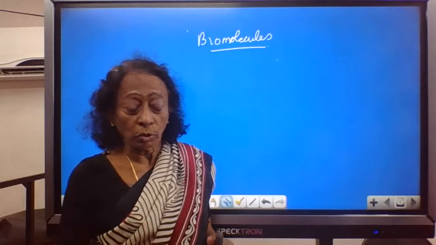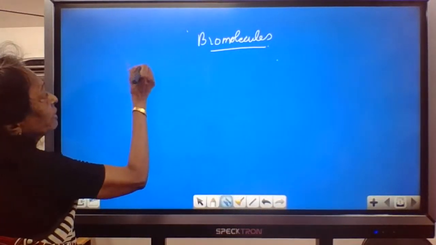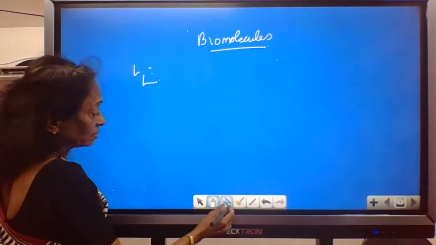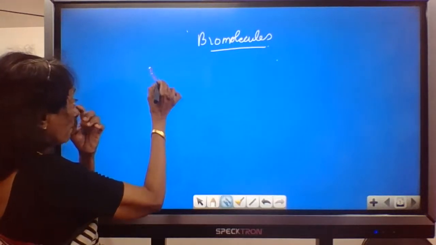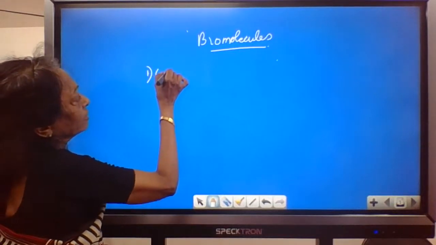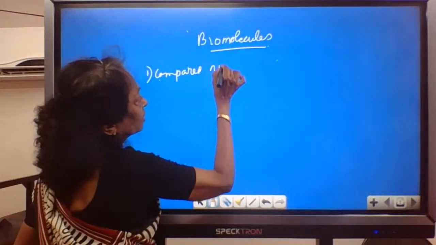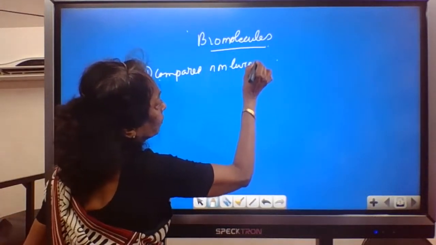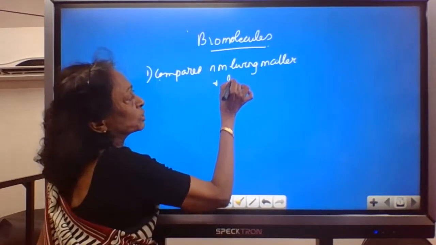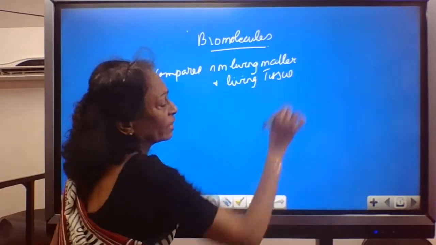So first they compared non-living matter, say soil, and a living tissue. Living tissue can be a plant or an animal.